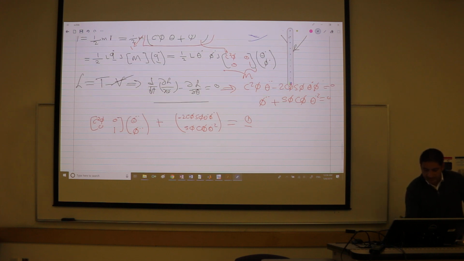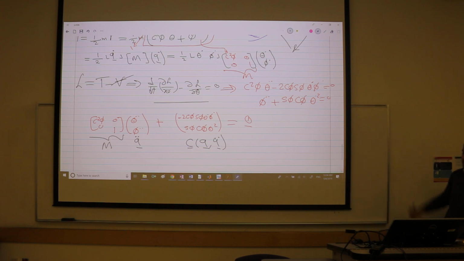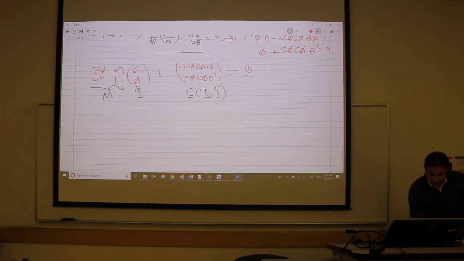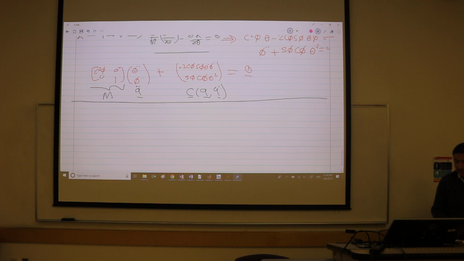So typically in mechanics, this is again the mass matrix times q double dot plus some centripetal and Coriolis forces. Okay? Equal to the forces on the right hand side. And you can see the equations are exactly the same.